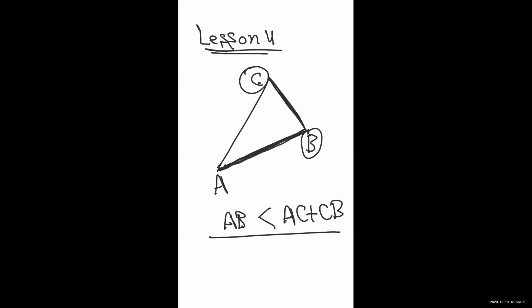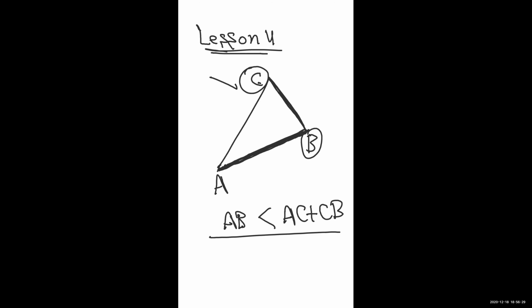Are we correct till now? If there is a point C outside this line AB, then AB will be less than AC plus CB.